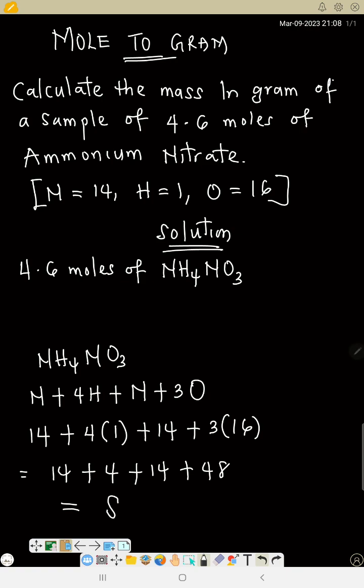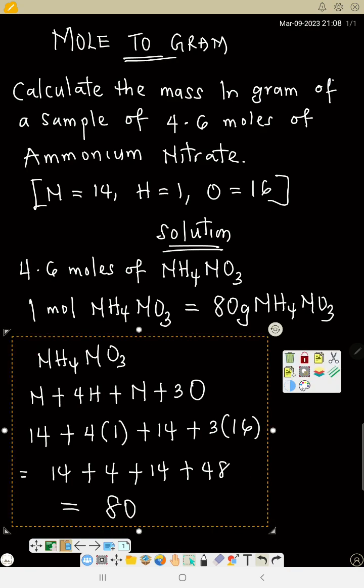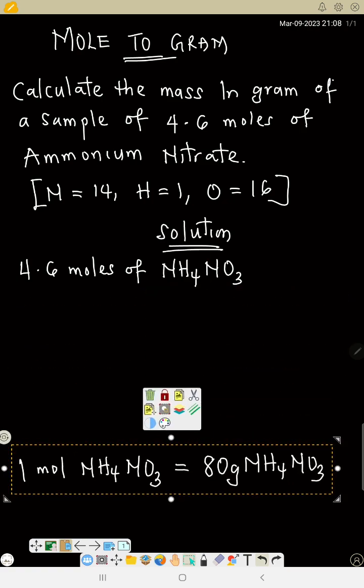So that is 80. That means 1 mole of ammonium nitrate is equals to 80 gram of ammonium nitrate. So that is the meaning. So now that is what we are going to use as our conversion scale.